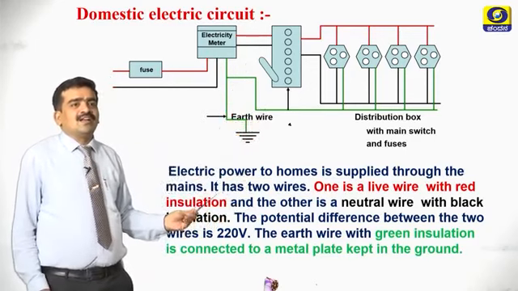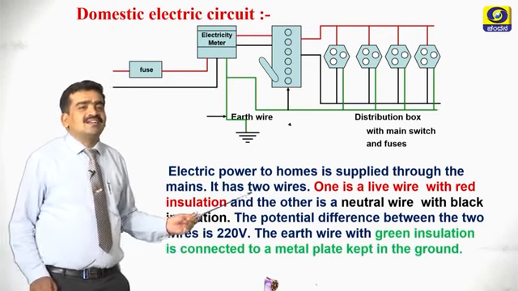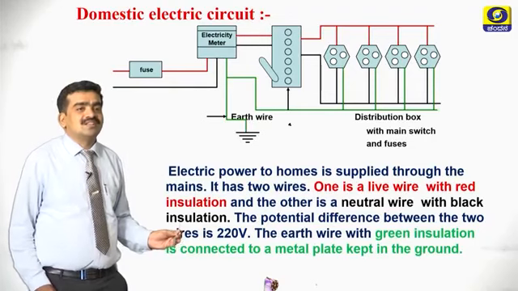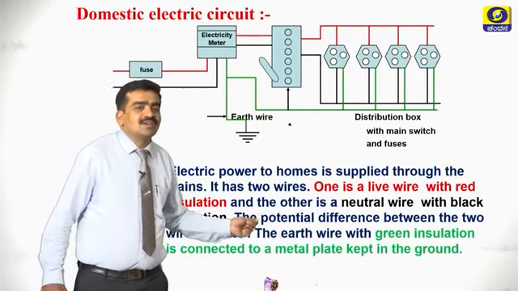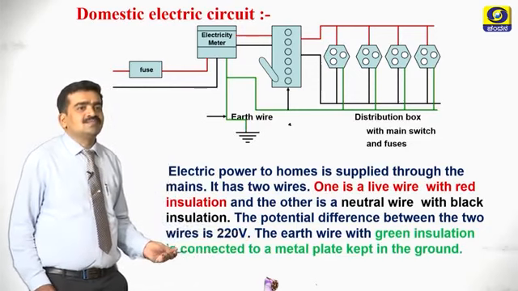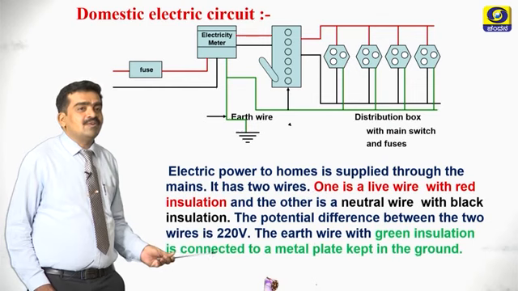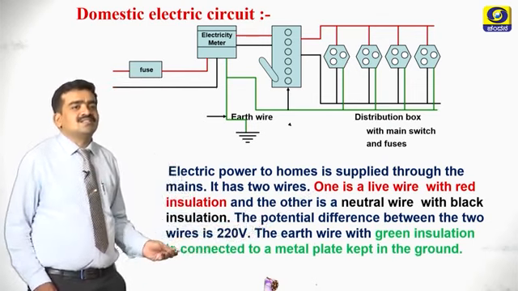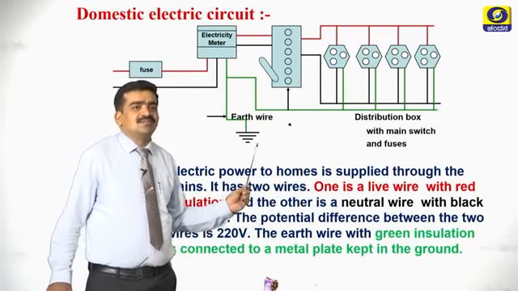Electric power to home is supplied through the mains. It has 2 wires, one is the live wire with red insulation, we can see the red color of the wire, and the other is the neutral wire with black insulation, and the potential difference between these 2 wires will be 220 volt, and the earth wire, that is with green insulation, is connected to a metal plate that is kept in the ground, you are seeing here.